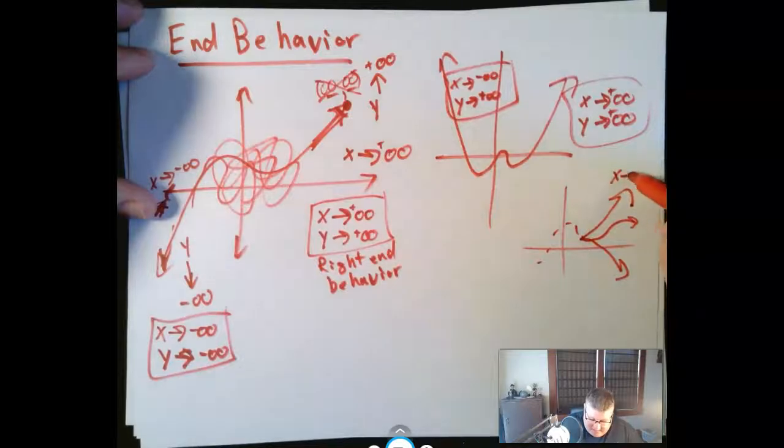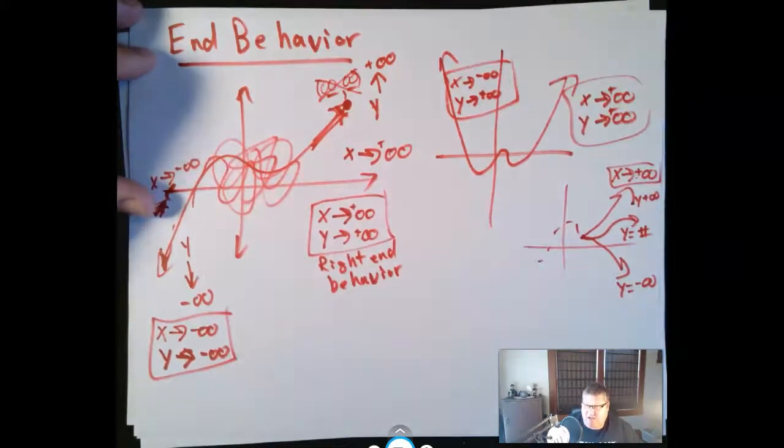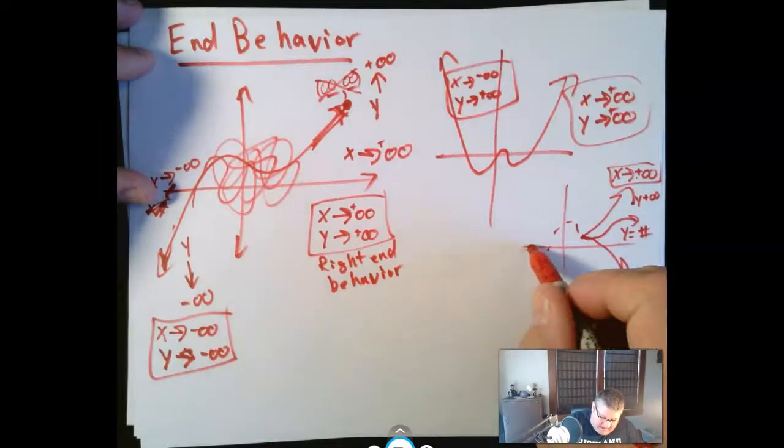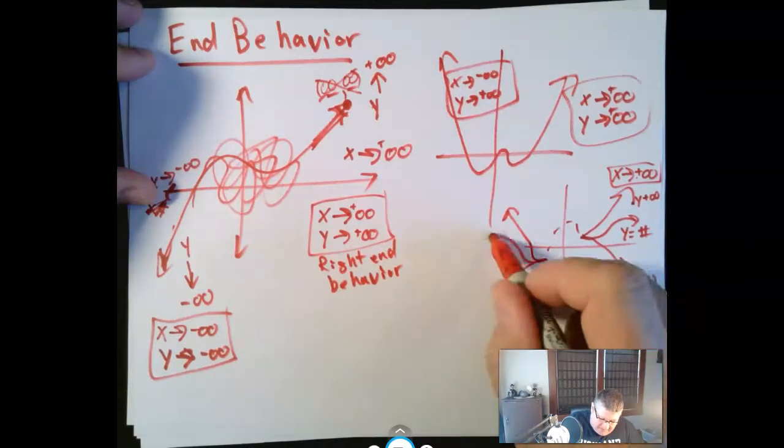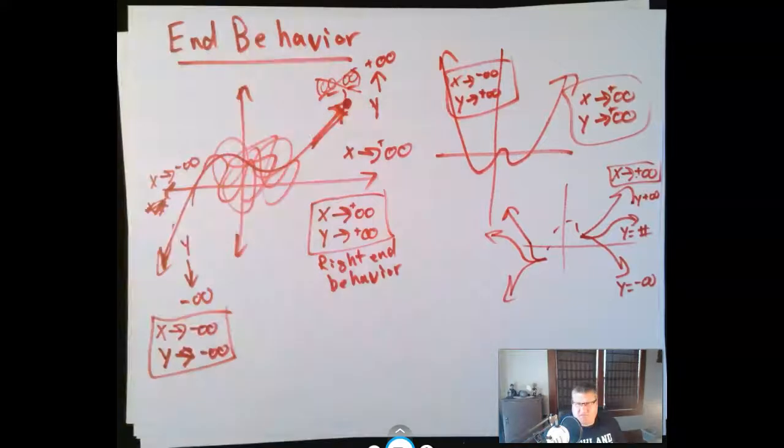So as x goes to positive infinity, it could be going y positive infinity, y equals some number, or y equals negative infinity. I don't know which one of these it is unless I look at the graph itself. Same thing happens over here. I could be going positive infinity or negative infinity or somewhere else.